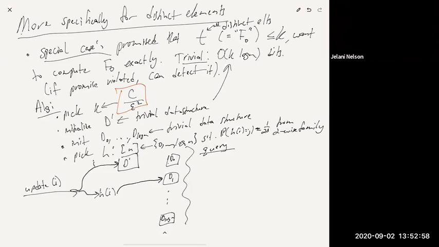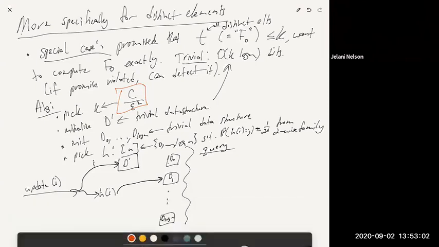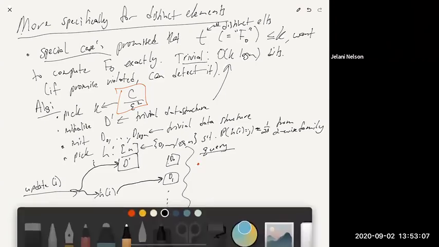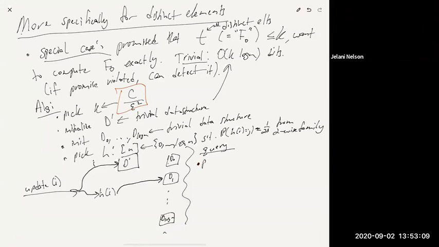And then what you're going to do is pick an R. How do you do this? We don't know yet, but we'll figure this out. We're going to pick an R such that the number of distinct elements over 2 to the R is equal to theta of 1 over epsilon squared.